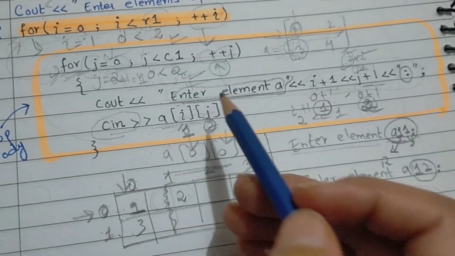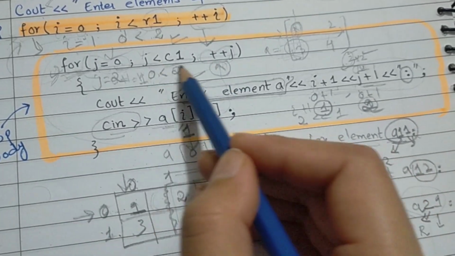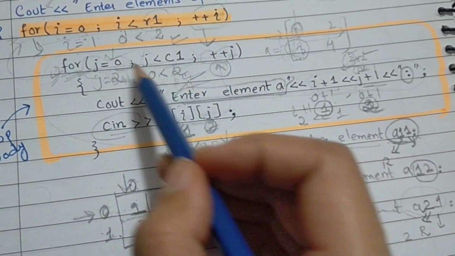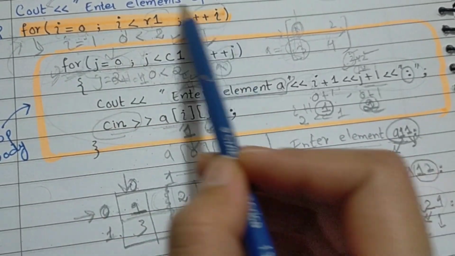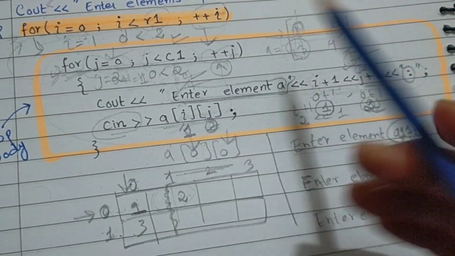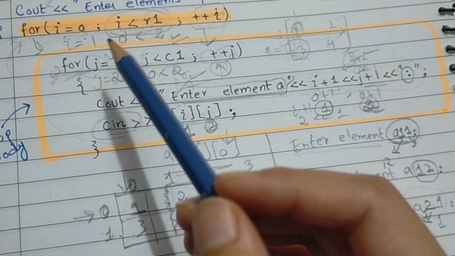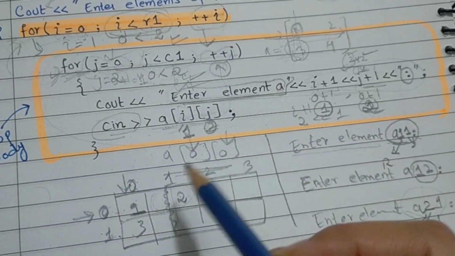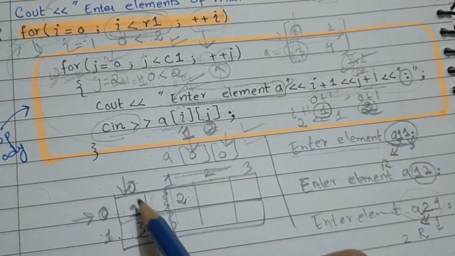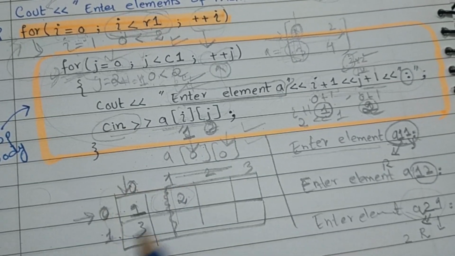So the loop will be continued until the condition becomes false, and this loop will also be incremented by 1 until this condition is false. So that's how it will work, and the elements will be stored in the array.